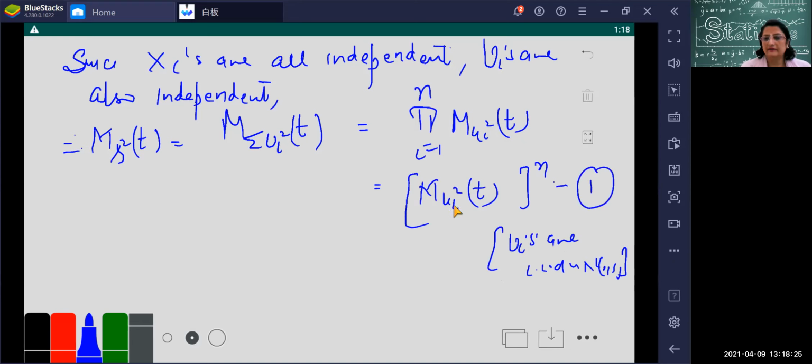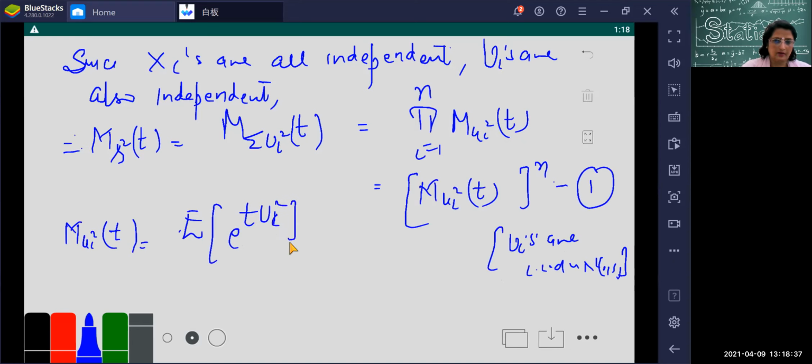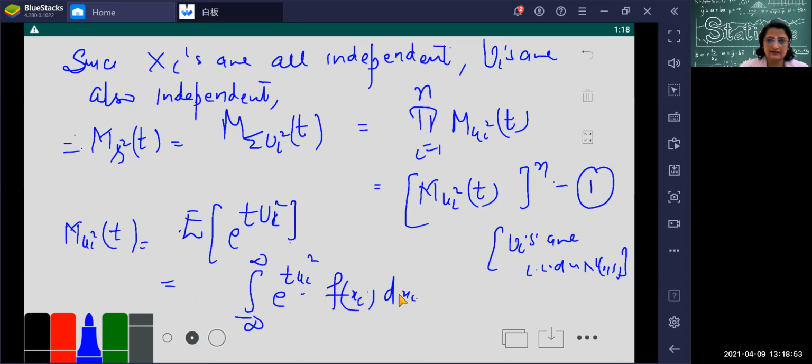So now we will solve this. M of ui square at t is equal to the expectation of e raised to the power t ui square. Definitely, where is u generated from? From x. What is x following? The normal distribution. The normal distribution is a continuous distribution. So this is the expectation of e raised to t ui square into f of xi dxi.